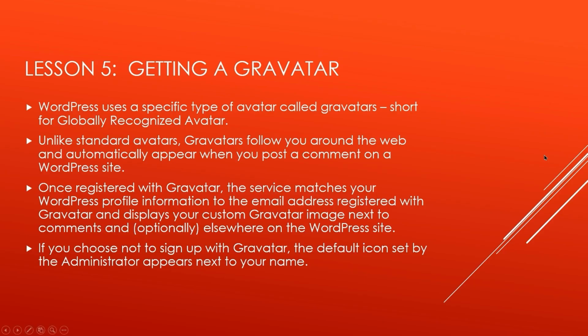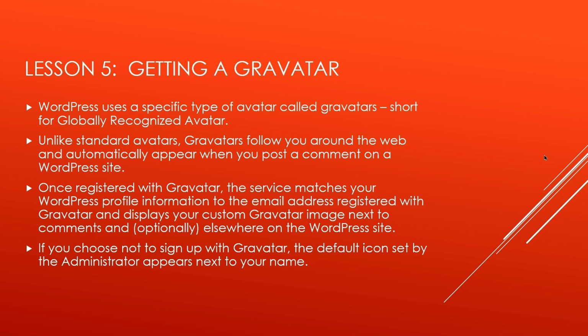So a gravatar is a specific type of avatar. It stands for globally recognized avatar. And that's what WordPress uses. They follow you around the web and automatically appear when you post a comment on a WordPress site. So you can register with Gravatar.